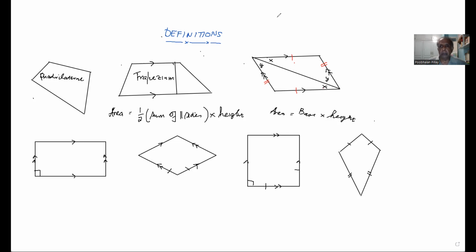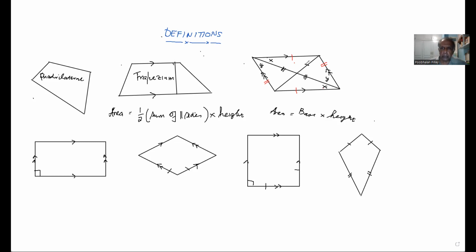Okay. Now, if you join the other diagonal, the two diagonals, then you get another very interesting thing: each of these diagonals cuts the other diagonal, and they cut them in halves. In other words, this piece here, which is cut by this diagonal, these two parts are equal.